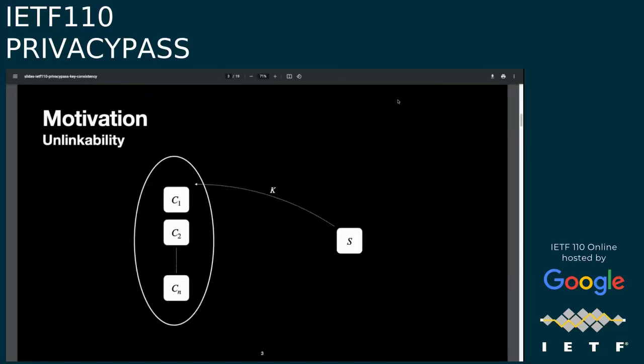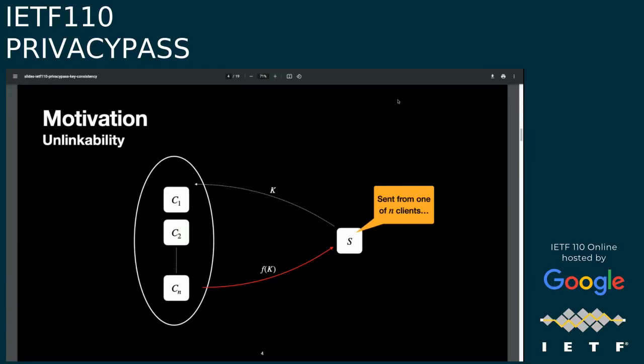So to go into the unlinkability problem a little bit more, imagine you had a system with n clients and you had a server with a particular key k, and the server somehow delivers its key to one of the clients in this anonymity set. And then later on, someone happens to use that particular key, so sends some function f of k over to the server.